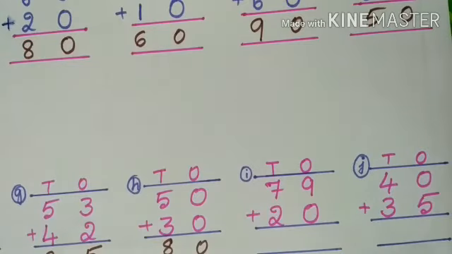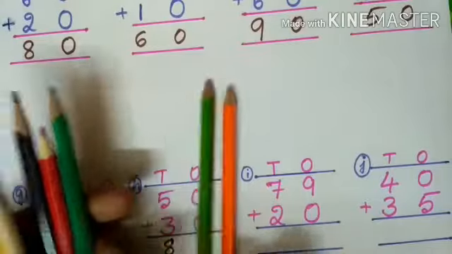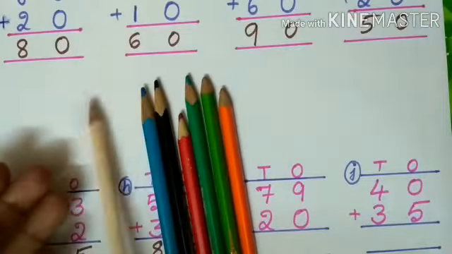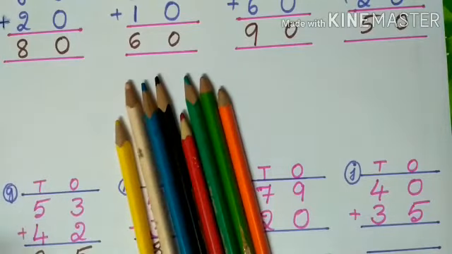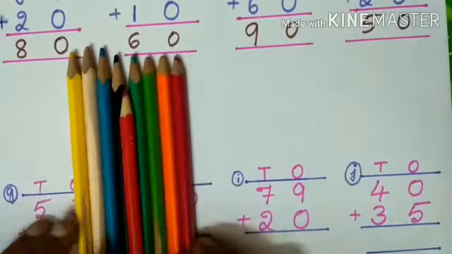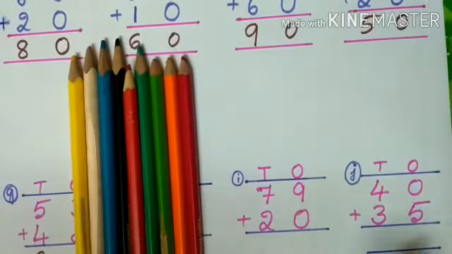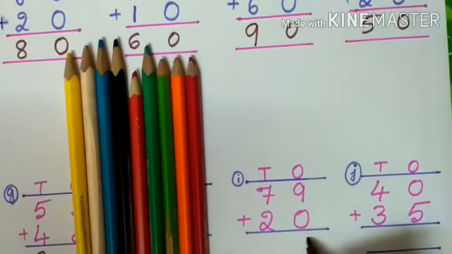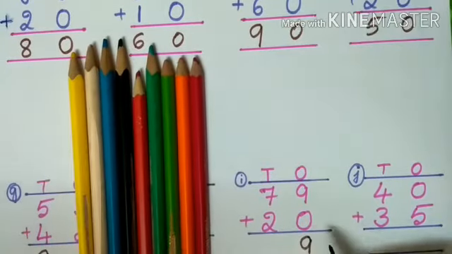I'll show you using an object how to count. 1, 2, 3, 4, 5, 6, 7, 8, 9. 9 pencils. And 0 means I don't have any other pencils. Nothing. 0 means nothing. 9 pencils I have means you have to write here 9 only. 0 means nothing to add.